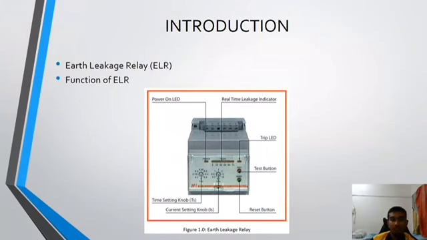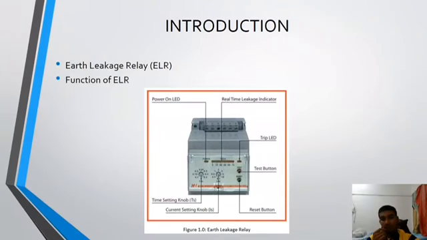Ground fault current can be caused by a variety of factors, including inadequate insulation as a result of mechanical damage to cable and devices. Earth leakage relays (ELRs) protect the electrical system and people against direct and indirect contact. Earth leakage relays, as illustrated in Figure 1, are developed on an electronic basis to monitor earth fault currents.